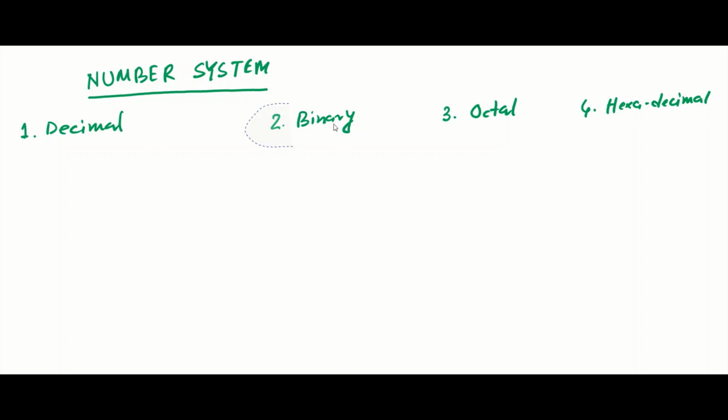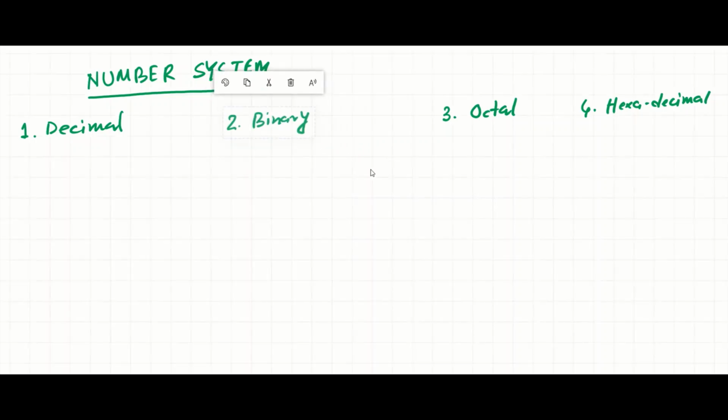Now let us discuss these number systems in detail, one by one. Let's start with the decimal number system. A decimal number system uses a total of 10 different digits to represent a particular number.